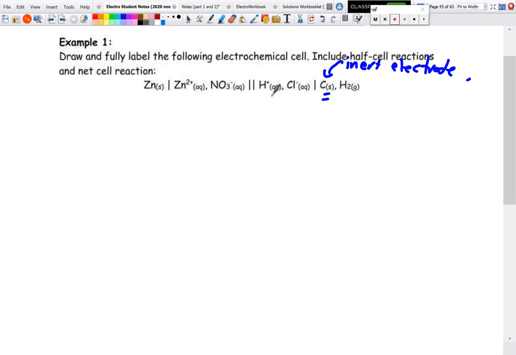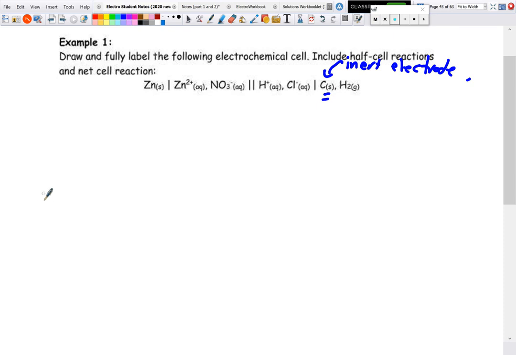The reason for that is when we look at the combination, we can see the hydrogen half cell here, H2 gas and H plus aqueous. We can tell that this is one half cell here. And obviously the chloride ion, that's just one of the ions that show up. It probably won't react, but anyway, we'll see. So first, when we get going, we can either draw the cell first or we can put in all the reactions.